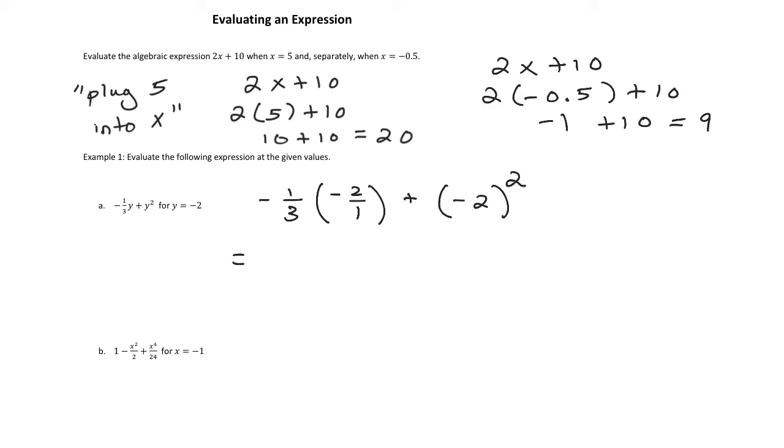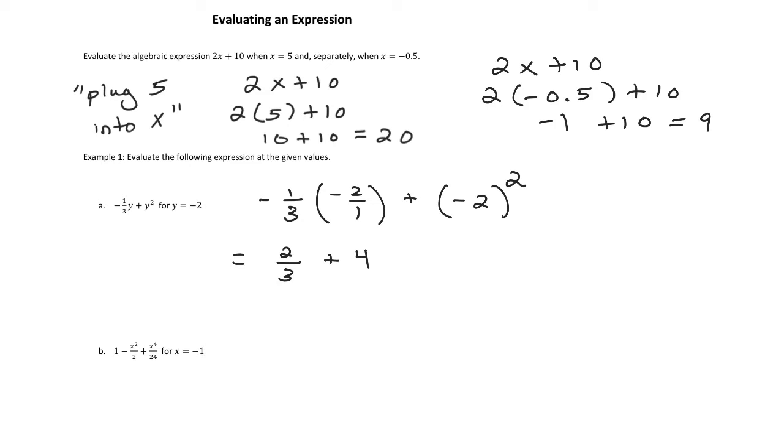For the first term, negative 1/3 times a negative 2 over 1, it's going to be positive. Nothing cancels between the numerator and the denominator, so this is just a positive 2 over 3. Next, we are squaring a negative 2, so that's going to become positive, and 2 squared is 2 times 2, or 4.